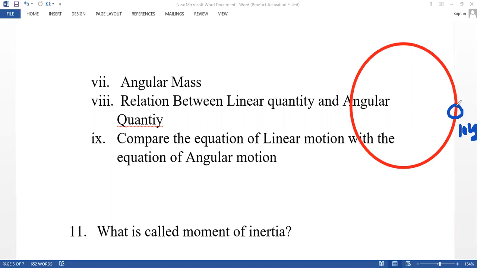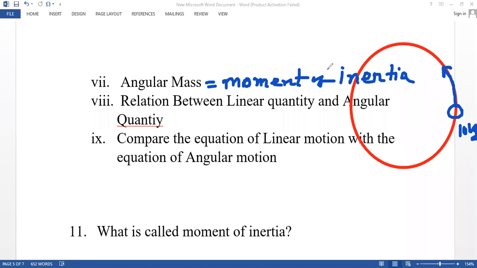But when it rotates in a circular path, the mass will be changed, and that changed mass will be termed as angular mass, or it is also called moment of inertia. It will be discussed later.